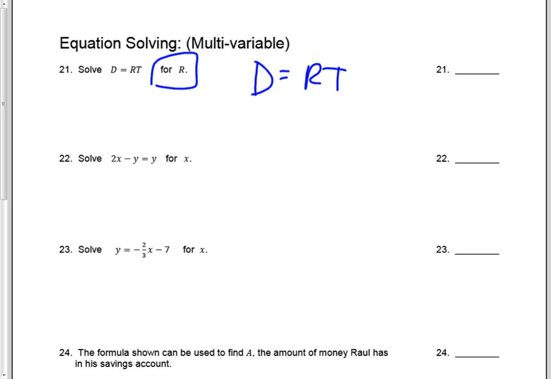So, this is your job. You want R all by itself. How do you get R all by itself? Divide by T. What happens to the T's? Goes away. Is R by itself? Yes. Don't do anything to this. That's your answer.